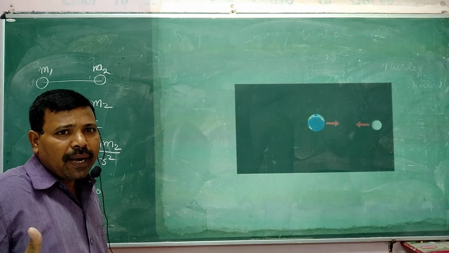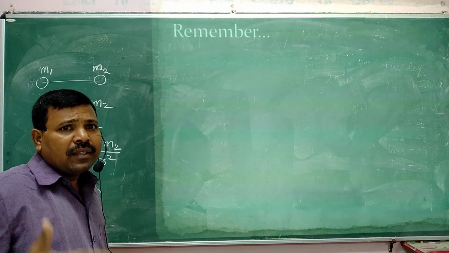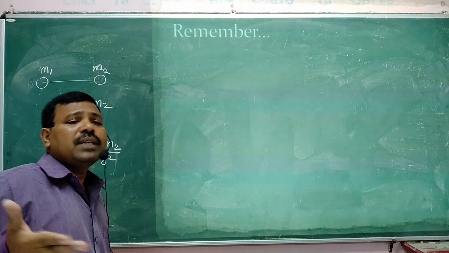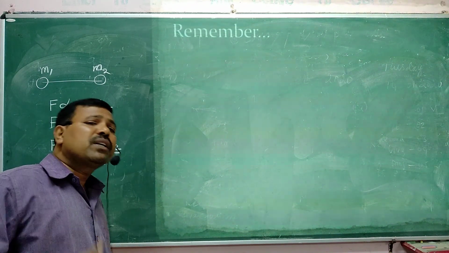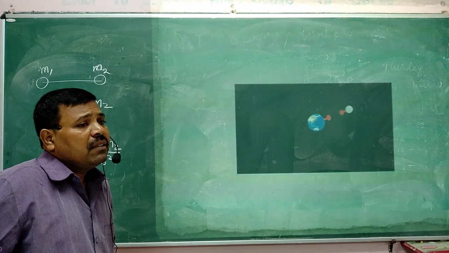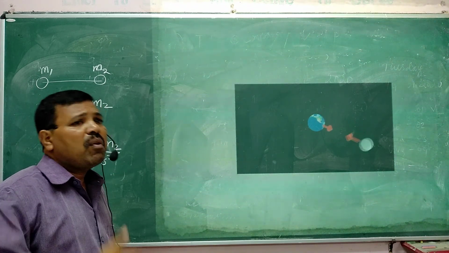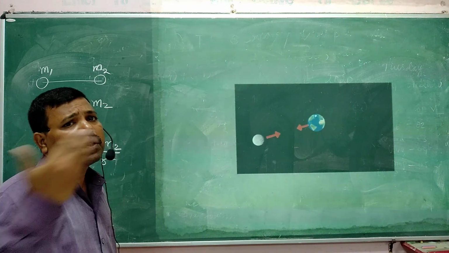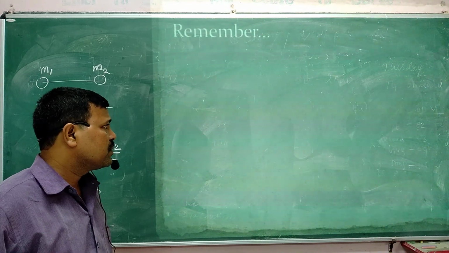Now, let us compare how many times weaker the gravitational force is than the electromagnetic force, strong nuclear force, or the weak nuclear force.